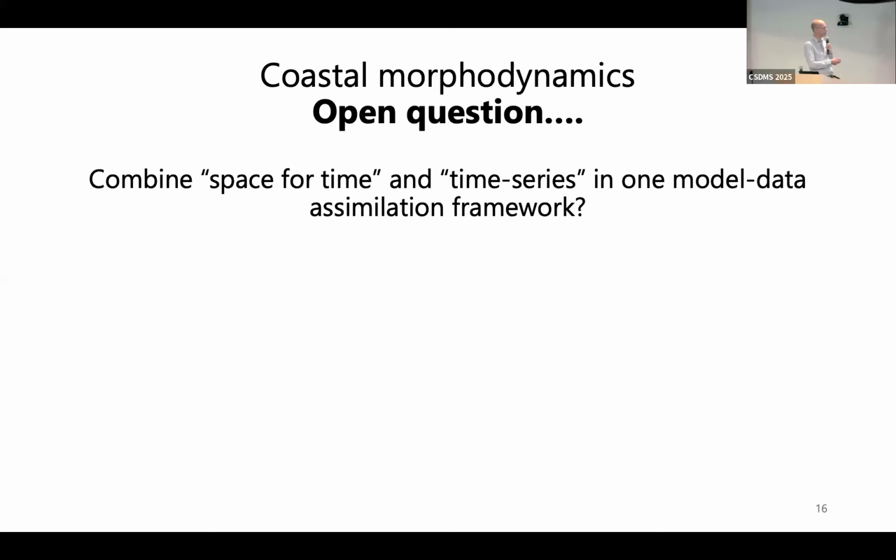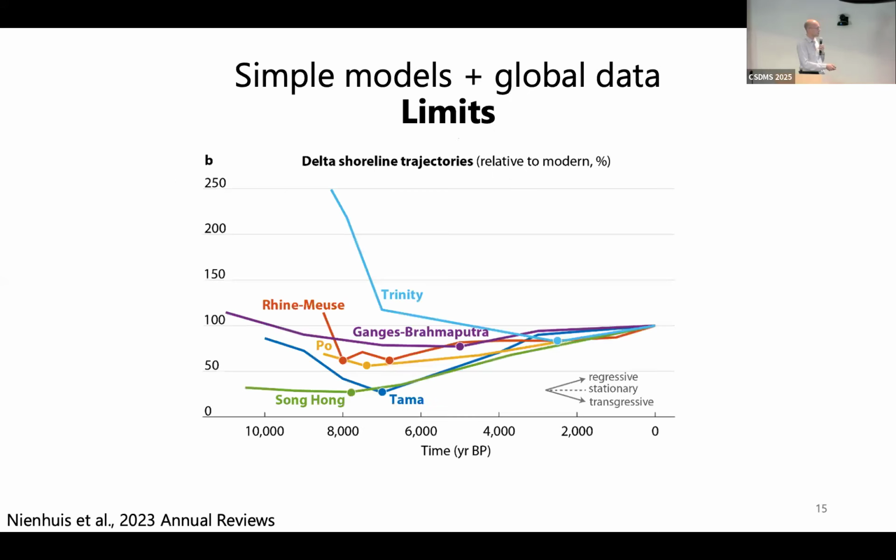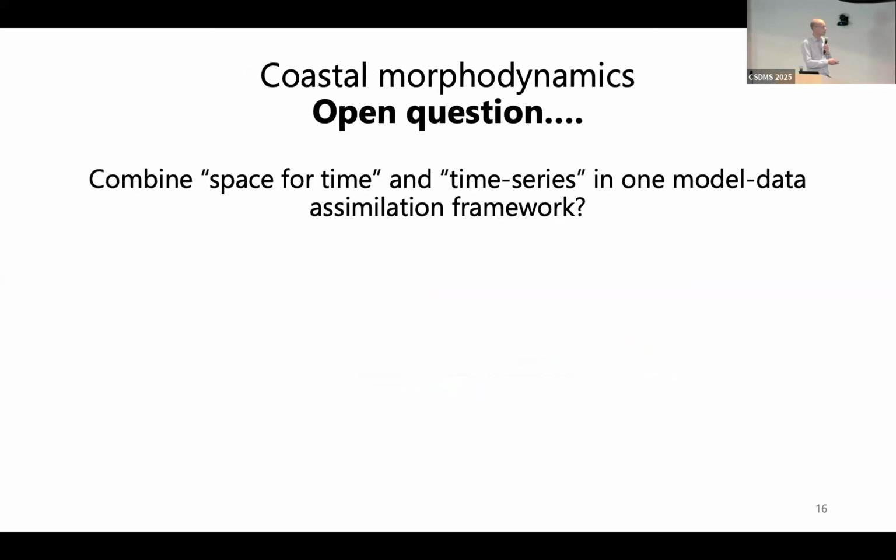So what we're trying to do is combine this space for time that I talked to you about, this non-dimensional framework where we can compare different deltas and get more confidence in our assessment of what delta change looks like, and combine this with some time series that we have for any individual delta, and then really expand that across the globe. So what if we have, in this case, a time series of 10 deltas? Can we then use this information to get this info also for other deltas around the world? That's still, I think, an open question.